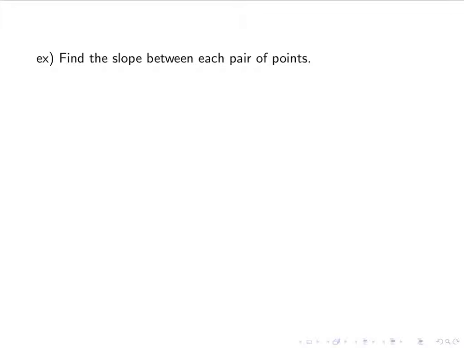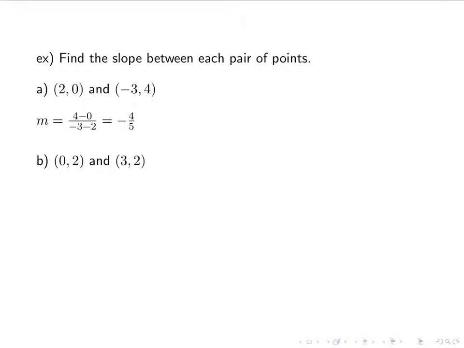So we're going to do a couple examples of just finding the slope between each pair of points. So we've got the points 2 comma 0 and negative 3 comma 4. So m equals y2 minus y1 over x2 minus x1. And that is negative 4 over 5. And we've got 0 comma 2 and 3 comma 2.